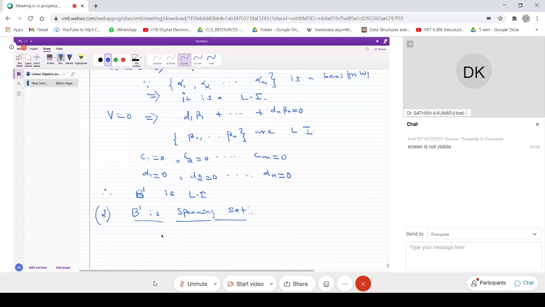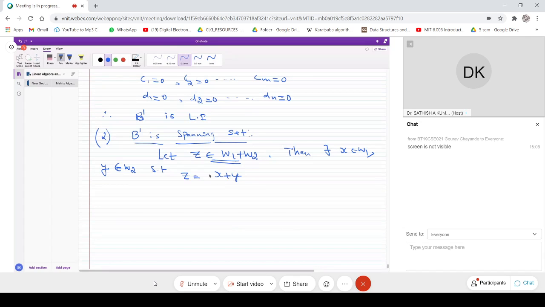So spanning set means, to be very specific, what you want to show is that you take a vector z in w1 plus w2. Then there exist x in w1 and y in w2 such that z can be expressed as x plus y, because z belongs to w1 plus w2.